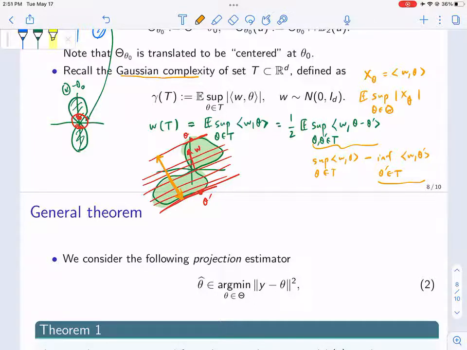If I move it in this direction, the value decreases until I hit this, and there's no more point to go, so that gives me the infimum. If I move it in the other direction, I hit this, which gives me the supremum. The difference is, geometrically, the width in that direction, so half of this is like a radius in that direction.